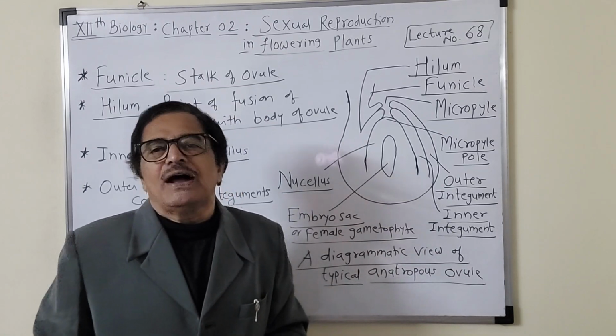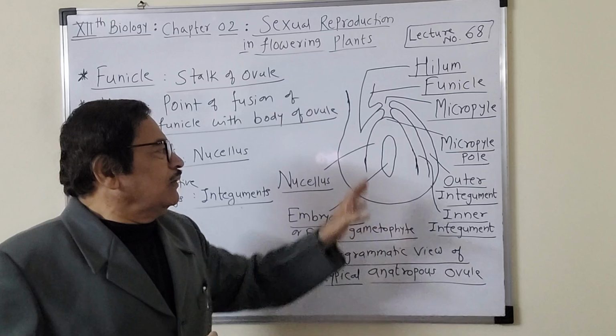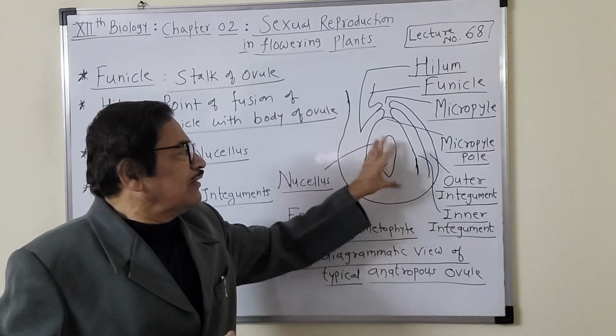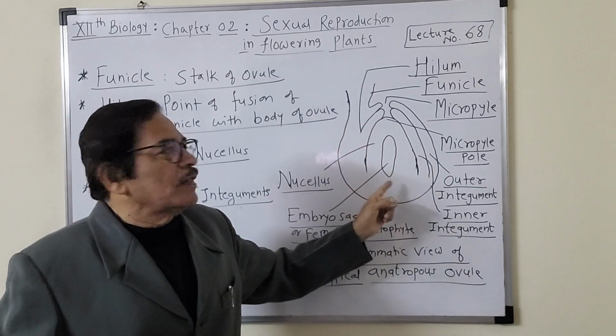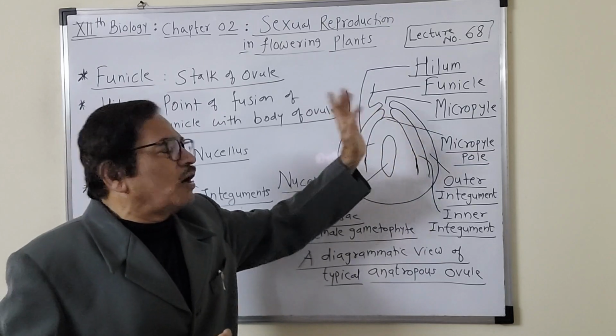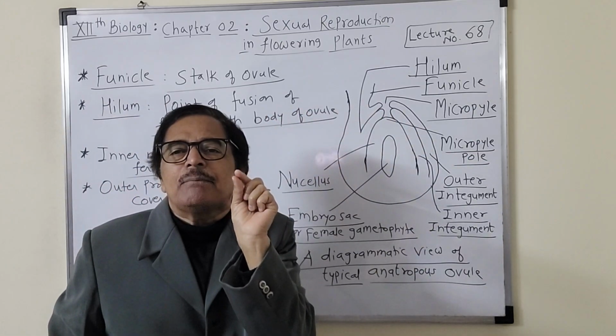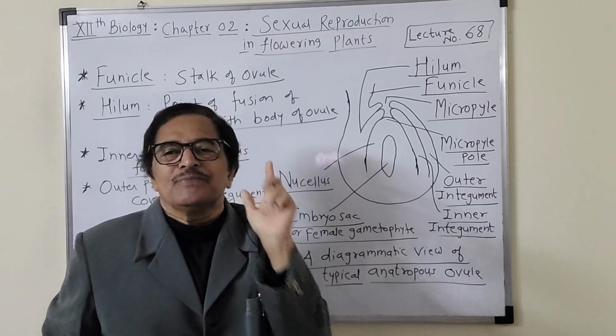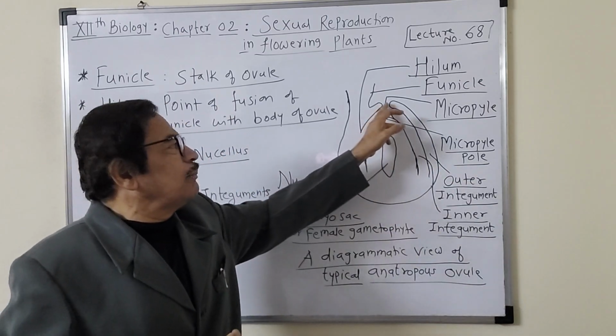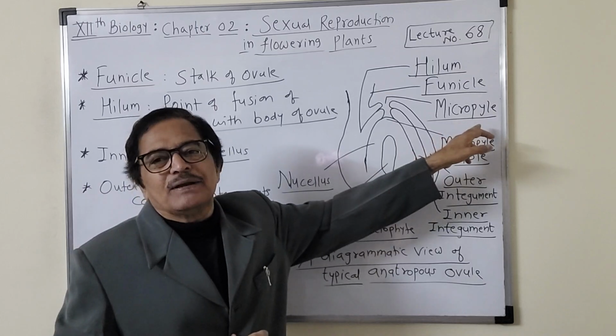They are protective at present. Okay. Now inside that nucellus, female gametophyte is produced. But these integuments are not covering the nucellus completely, but they are leaving a minute aperture or pore at the apex. And that minute aperture or pore is known as what? Micropyle.